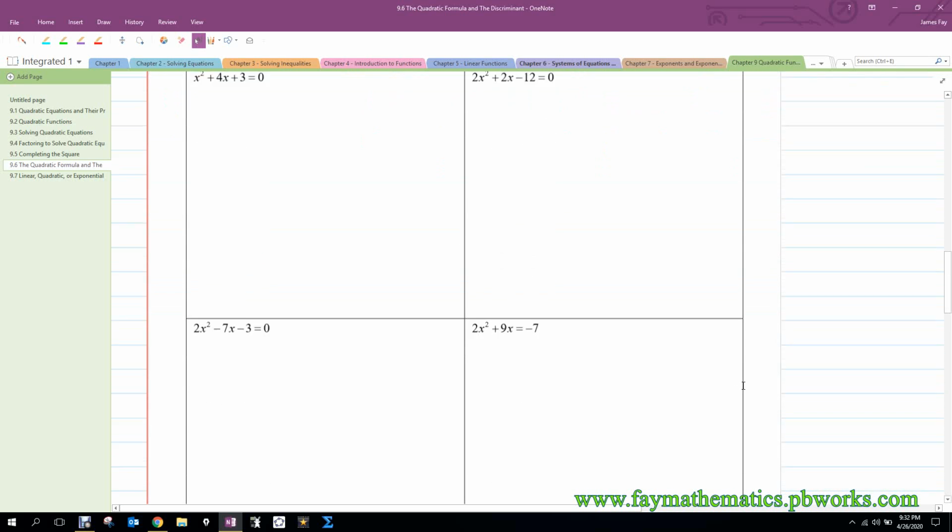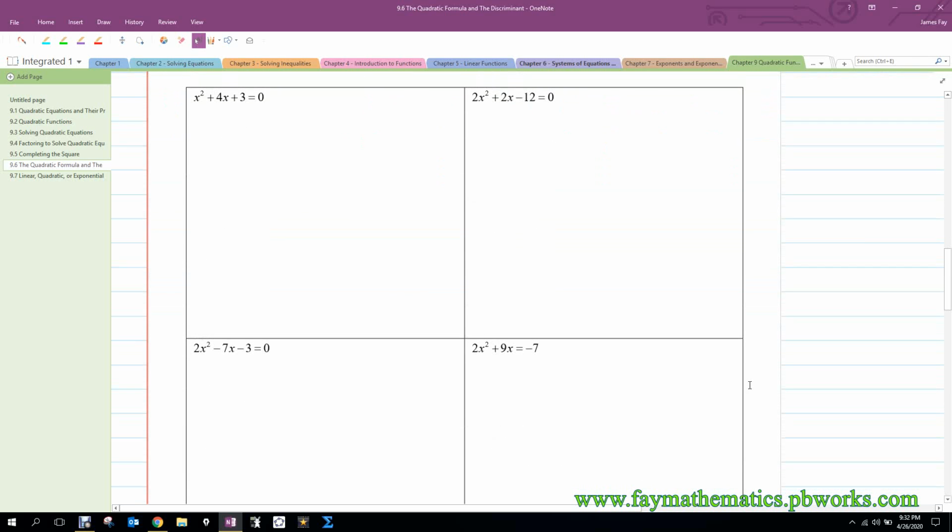Okay, so I'm just going to do these handful of examples with you. This first one, I just want to do it real quick, seeing if there's another technique. So we see that number 3. Are there 2 numbers that multiply together to give me 3 and add to give me 4? If you think about it, x plus 1 and x plus 3 do that.